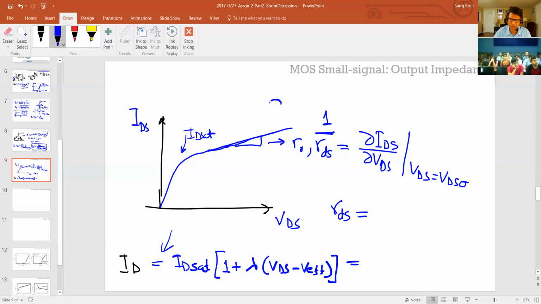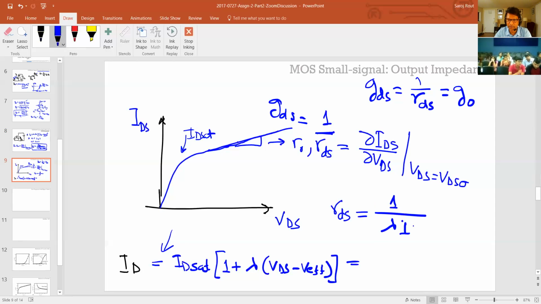So a lot of times we call it the conductance of the drain to source. So GDS is equal to 1 over RDS. A lot of times we call this G naught too, the output conductance. So RDS is 1 over this, which is 1 over lambda times ID sat. Now, you've probably seen in your problems, you've approximated this: if you know a drain current, you just write ID.